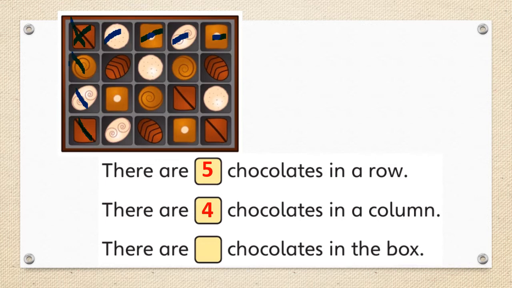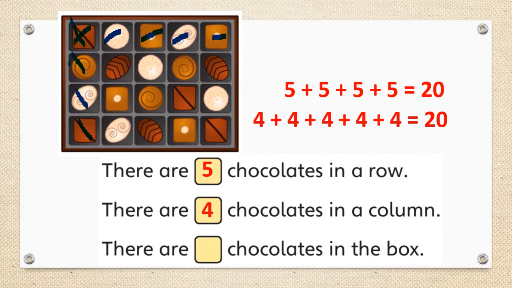Again, we can find our answer in 2 ways. I can either add the number of chocolates in each row. 5 plus 5 plus 5 plus 5 equals 20, or I can add the number of chocolates in each column. 4 plus 4 plus 4 plus 4 plus 4 equals 20.